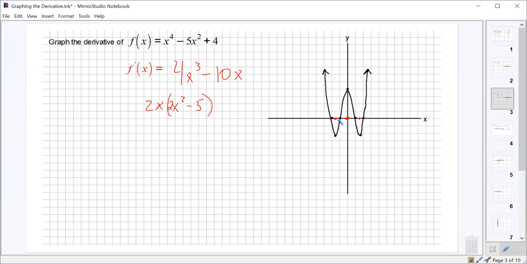And I'm not going to try and make this completely perfect here, but if I were to just try to graph a normal looking cubic, what would a cubic that started with 4x cubed look like generally? Sort of increasing and then decreasing and then increasing again, probably.